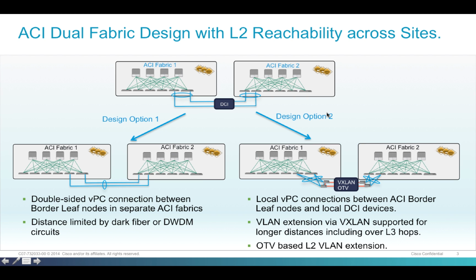The second design option is where we use some more sophisticated method of performing the DCI. So this could be using technologies like VXLAN to overlay the layer 2 over layer 3 networks. It could be something like OTV that cross-connects the data center. So the first scenario that we're talking about is the scenario where there's a layer 2 reachability between the sites.